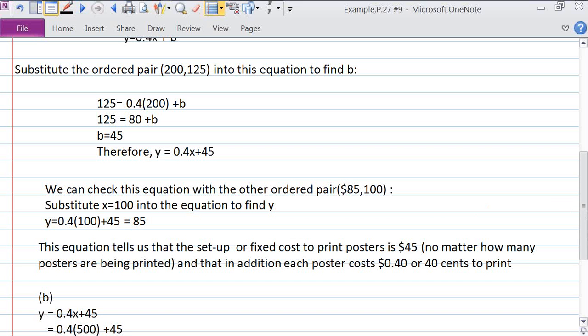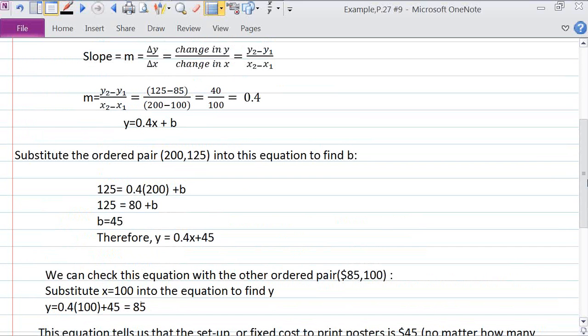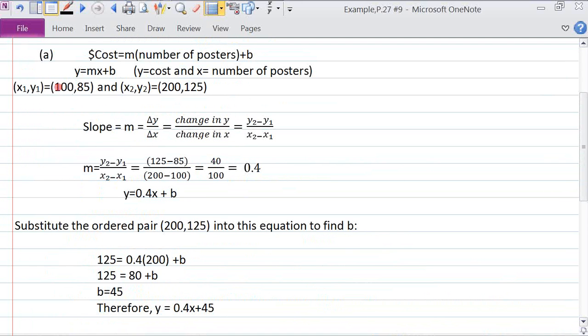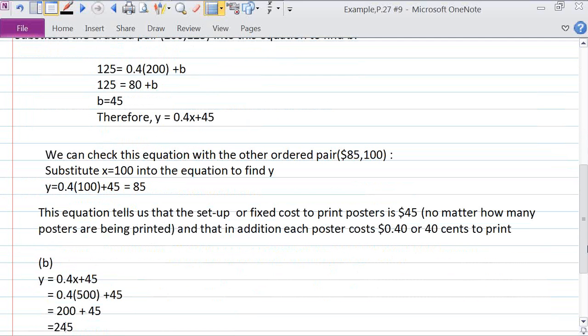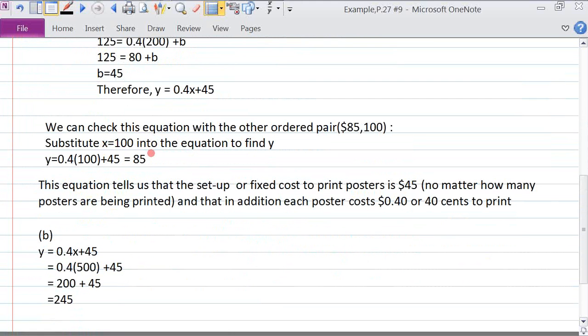And that's what we should get because one of the ordered pairs is 100, 85. So we know when X is 100, Y comes out to be 85.